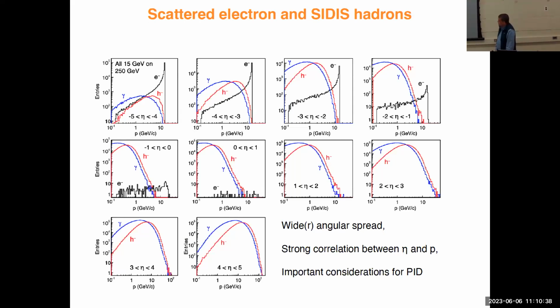The last thing which is probably quite visible is that if you look at this horizontal axis, you actually see that there is quite strong correlation between pseudo-rapidity and momentum overall, right?